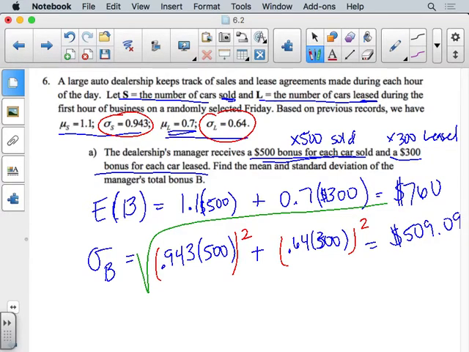At least that's what I did before. Hopefully it's still right. $509. So that's a pretty big spread. Could get anywhere from $200 on the day to like $1,300.